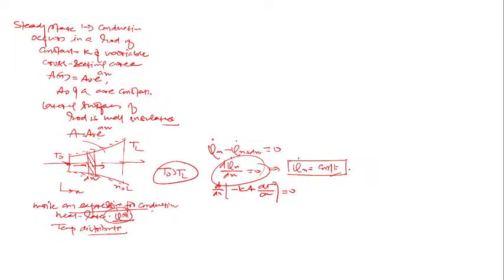Clear? And then they told you to find the temperature distribution. First of all, the heat transfer rate in this case is not going to vary with x. At all points here, the rate of heat transfer is the same. Now how can you find the temperature distribution? Then you should write d by dx of minus k a dt by dx, and you know minus k a into dt upon dx is equal to a constant called c1, and c1 is nothing but the rate of heat transfer.